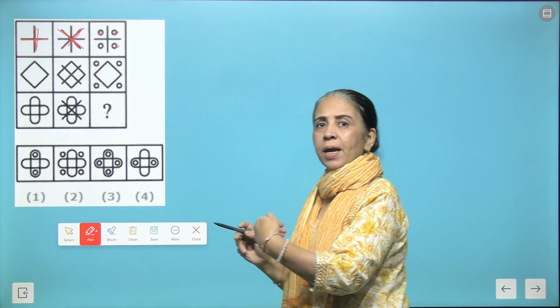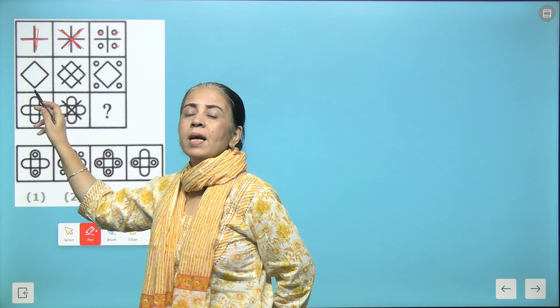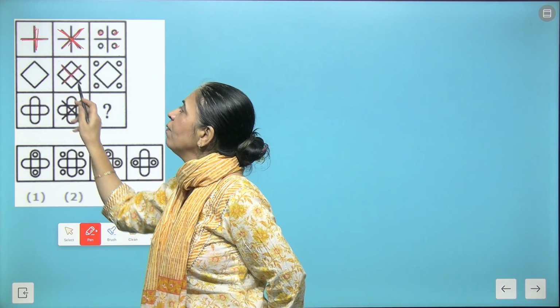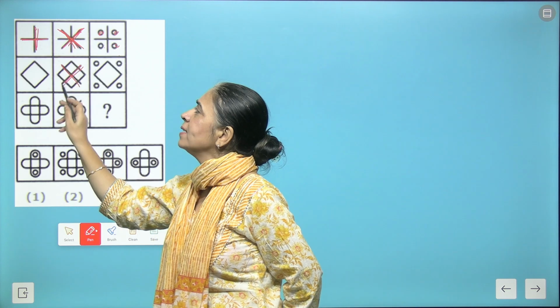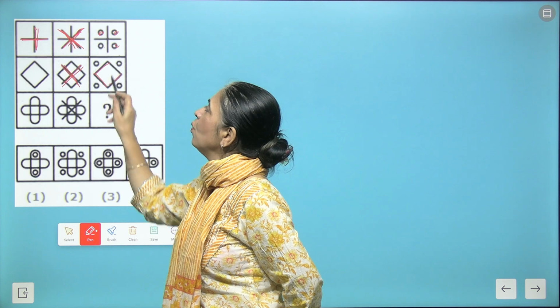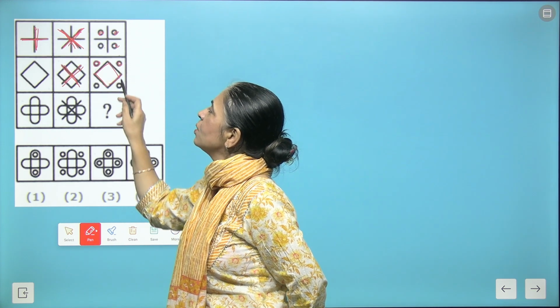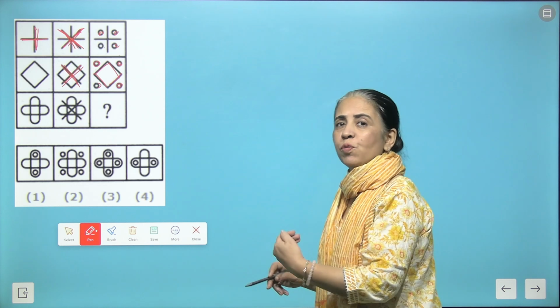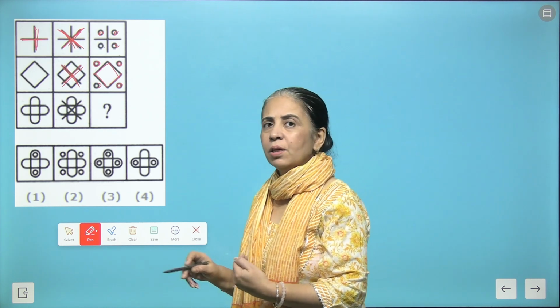Now coming to the second row, we have a rhombus, and in the second cell we can see the same set of slanting lines meeting at the center, and in the third cell these lines are removed and they are replaced by circles. So we are going to follow the same pattern in the third row.